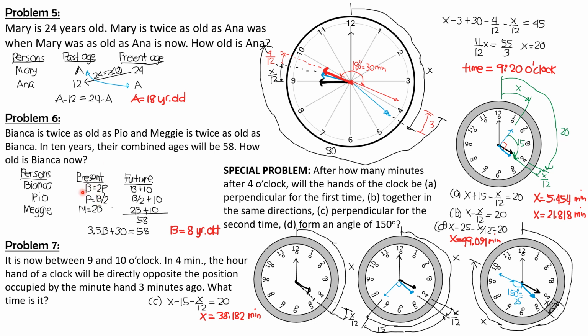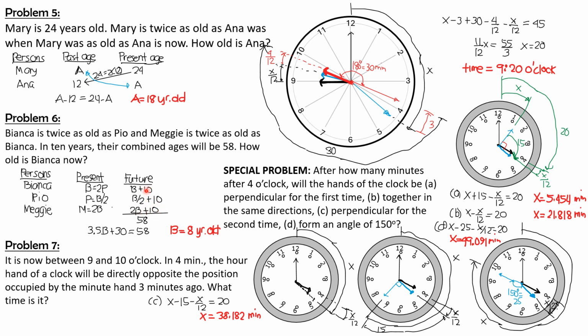Then Peo, from this relationship, is B over 2, so Peo's age is half of Bianca's. Then Maggie is twice as old as Bianca, so 2B. For future ages, in 10 years, Bianca will be B plus 10, Peo will be B over 2 plus 10, and Maggie will be 2B plus 10.